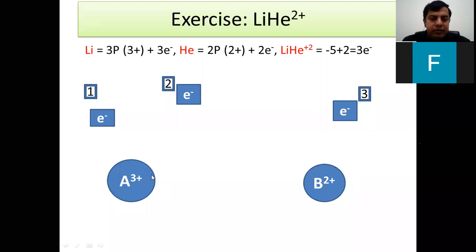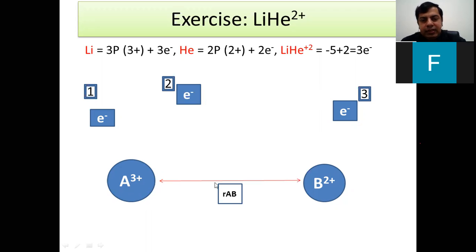I'm not going to separate the labeling of the number of protons, because here I'm only going to mention the nucleus, and this is also the nucleus of the helium. So the atoms with nucleus are mentioned over here, and electrons are labeled 1, 2, 3. So let's start with this one.